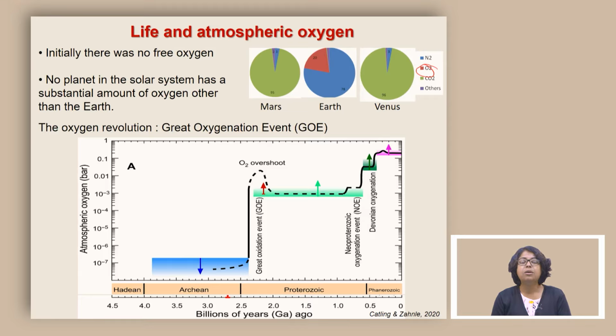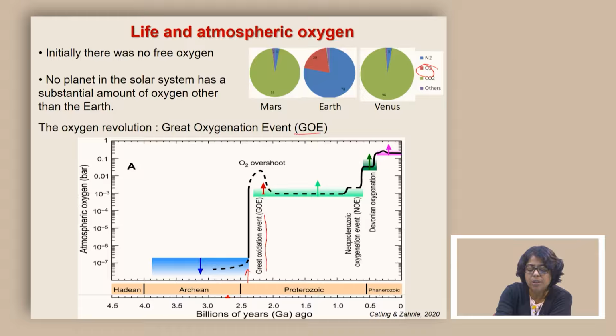Now the question is, when did the oxygen start to increase? And we have enough evidence which tells us that the oxygen concentration started to increase somewhere around this time, and this time is basically called the Great Oxidation Event, or GOE.